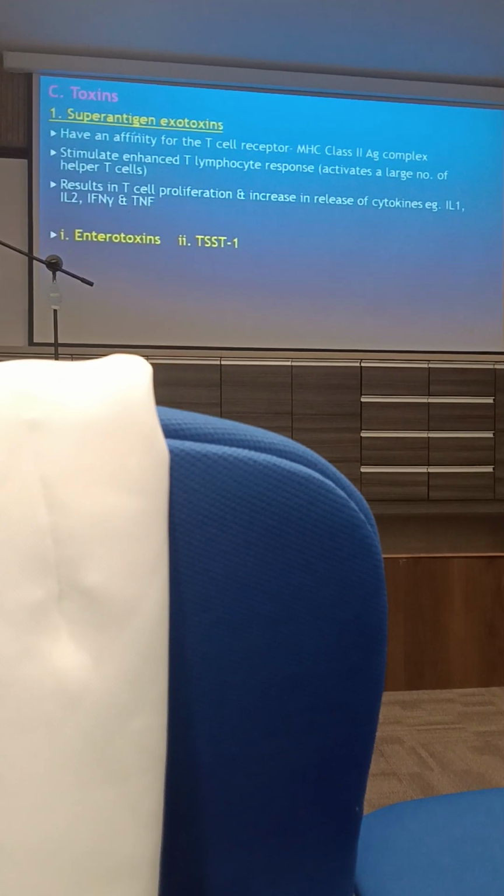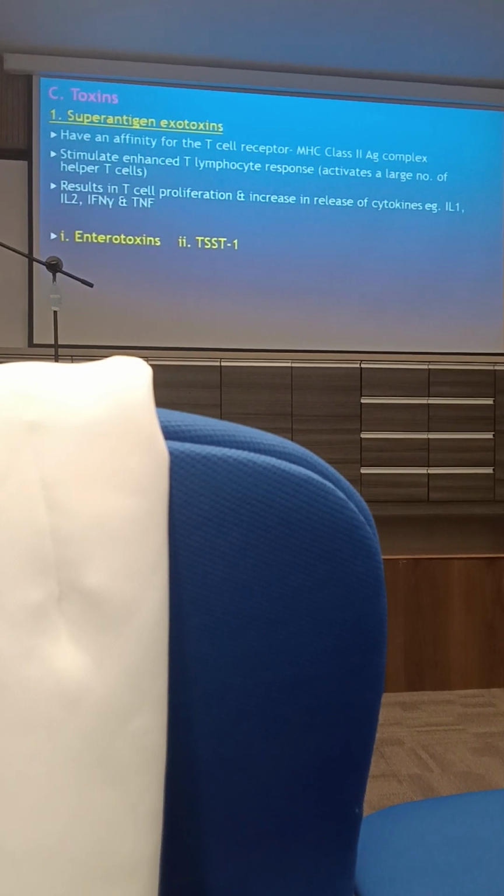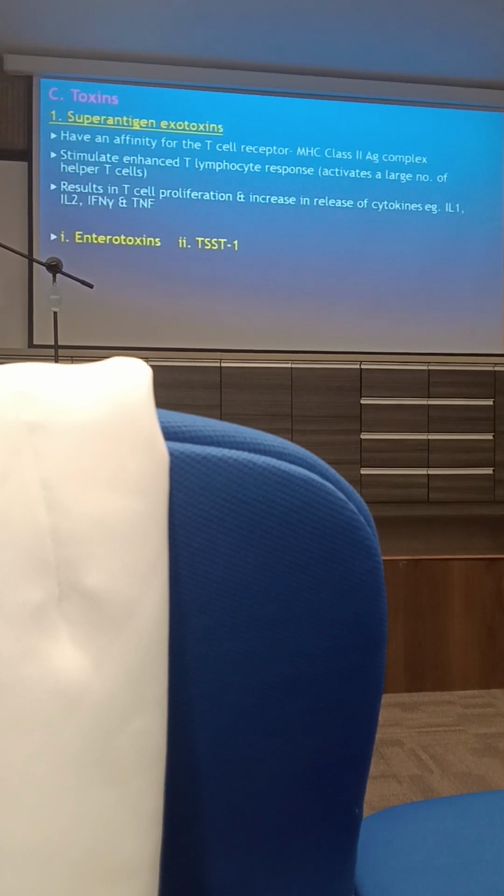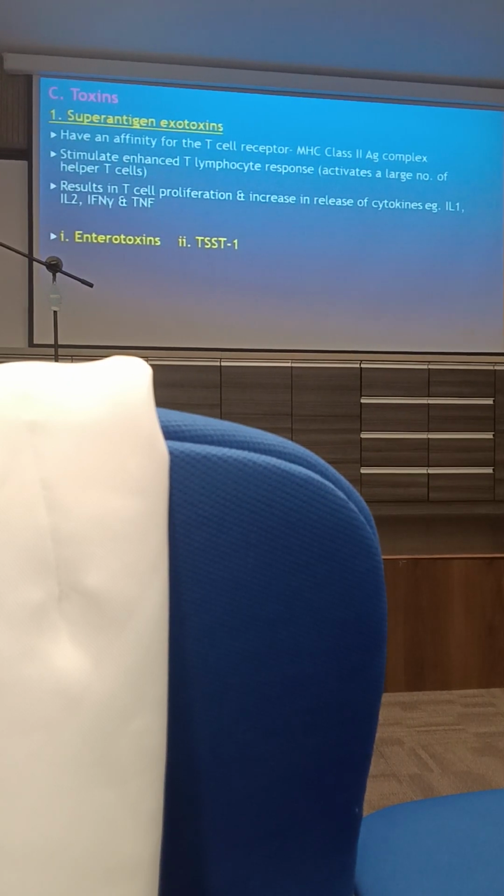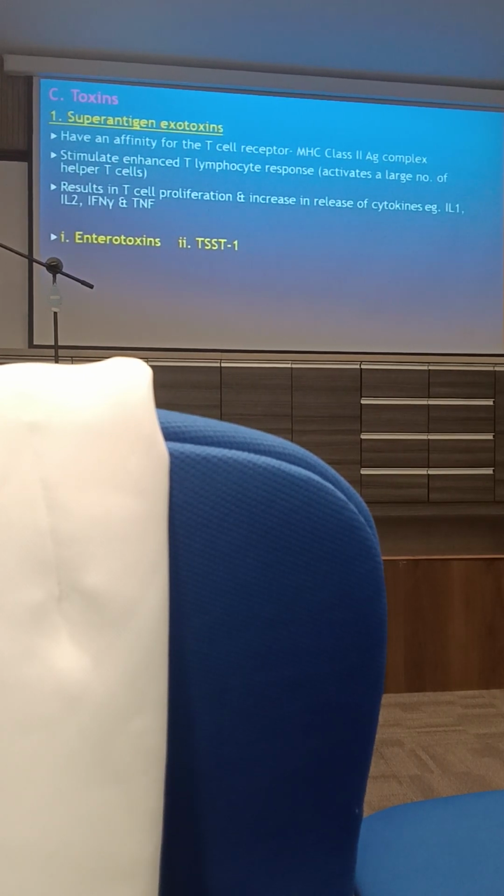Toxins. Have you heard of superantigen exotoxins? You covered it in immunology, I think. Why are they called superantigens? If an antigen can elicit an immune response, superantigens elicit a more general immune response. They have an affinity for the T cell receptor, MHC class 2 complex.